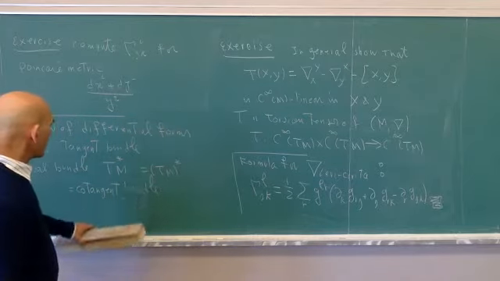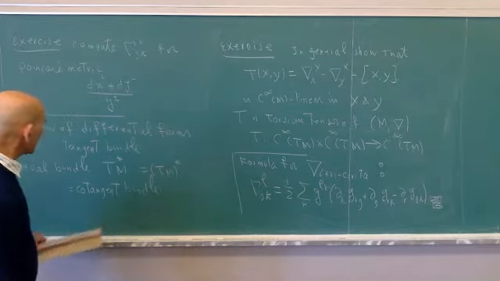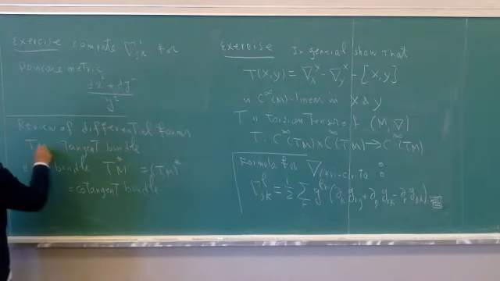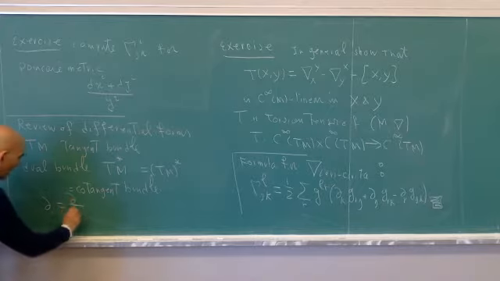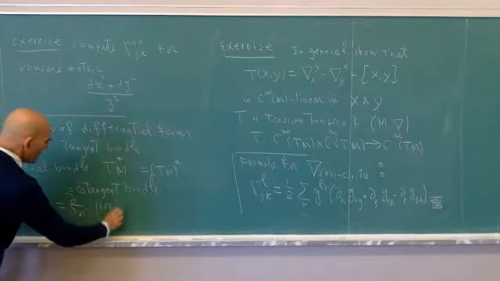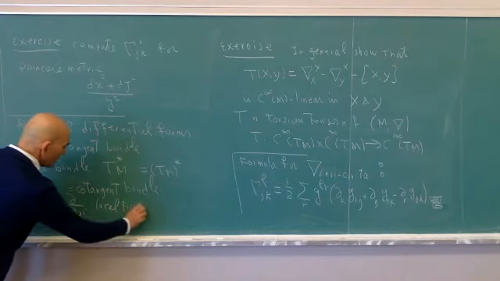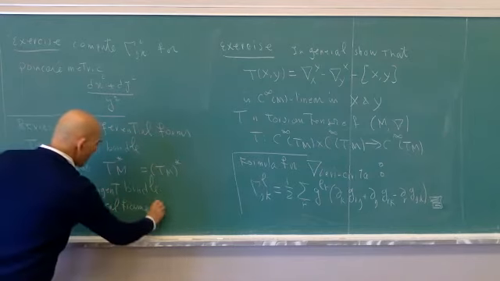Now, let's look at bases or frames for this. Remember, we discussed frames for TM. So this was d_i, which was d/dx_i, right? So this was a local frame for TM.